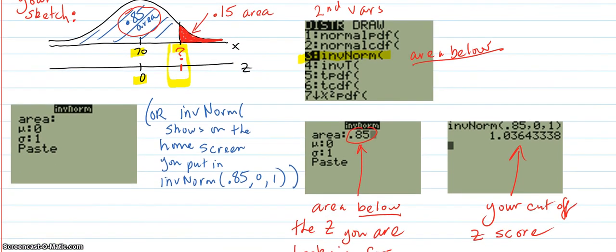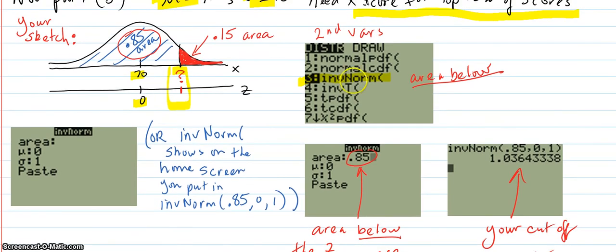Okay, so you do the inverse norm. You go second vars, inverse norm, and you'll see this menu right here. Or if you have an older calculator, you'll see inverse norm on the home screen, in which case you put in inverse norm 0.85, that's the area below where you want, then 0, 1, the Z mean, which is 0, and the Z standard deviation, which is 1.